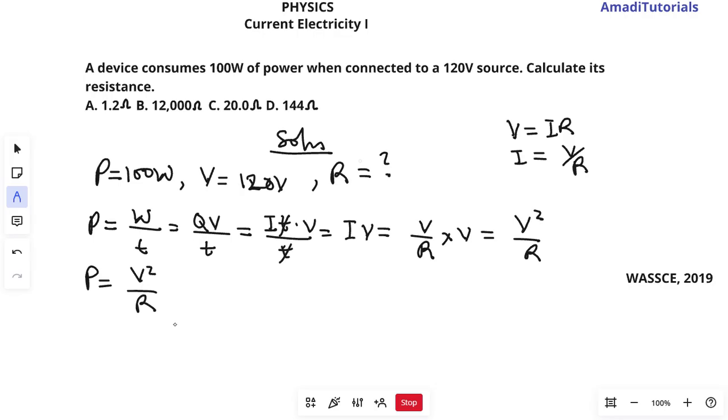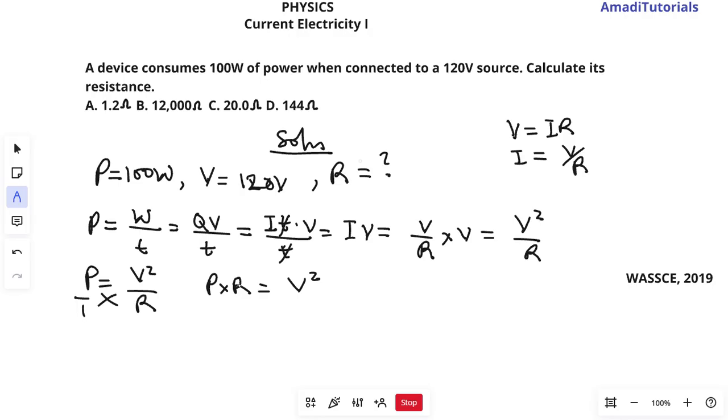Since we are looking for R, we make R the subject of the formula. If you do cross multiplication, that will be P times R equals V squared. Here P is like over 1.